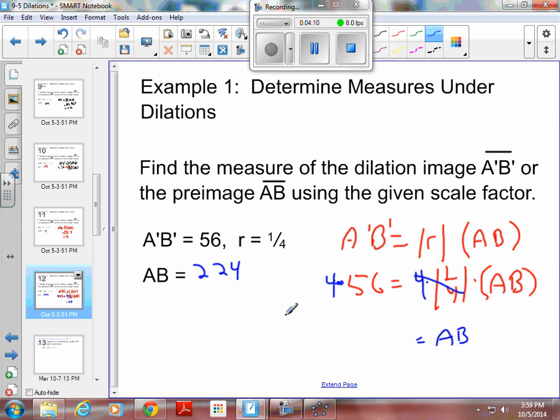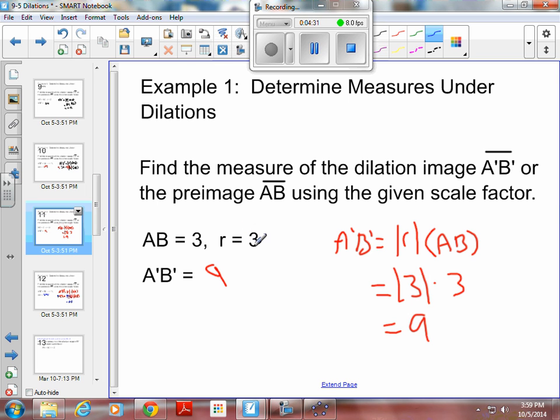So 224 units. So my original pre-image was 224 units long, scale factor of 1/4, and you get the image after the dilation of being 56. Notice R is less than 1, and so I am on a reduction.